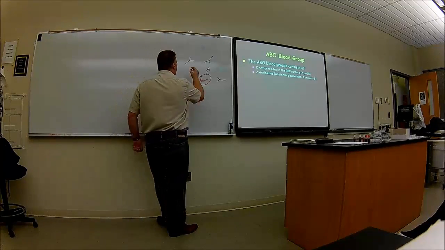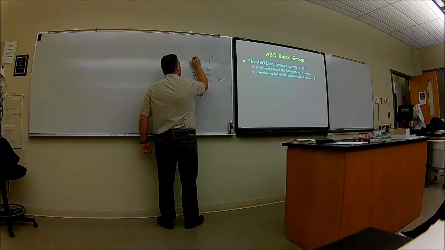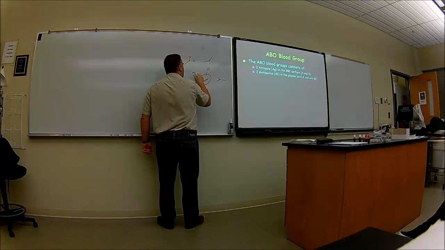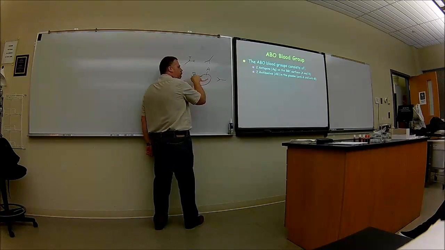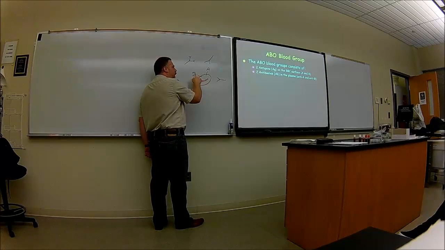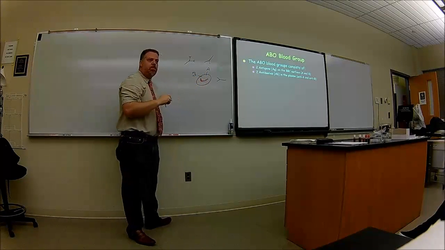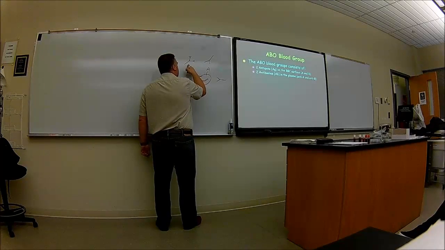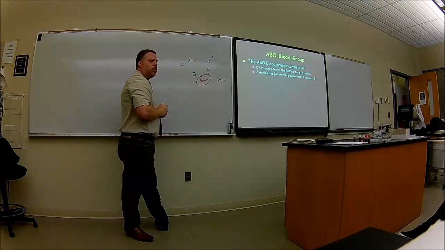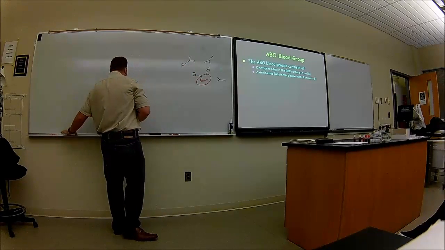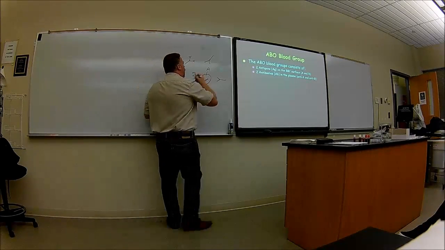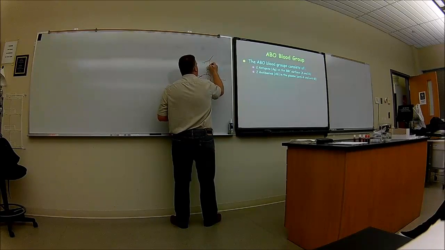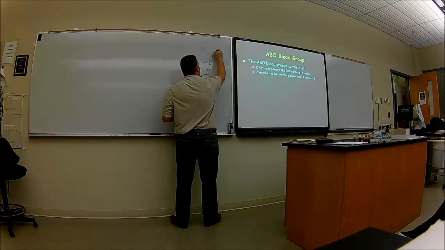There's actually a variable spot here that will mimic or fit like a locking key on one of these antigens. So this could be antibody to A. This could be an antibody to B.